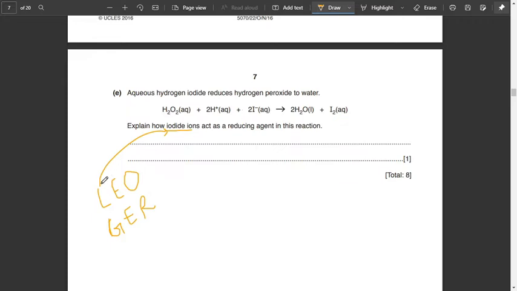Acts as a reducing agent, right? So here, as it is acting as a reducing agent, it will be getting oxidized itself, it will be losing its electrons, hence it causes the other particle, the hydrogen peroxide, to reduce, right? That's why it's a reducing agent.